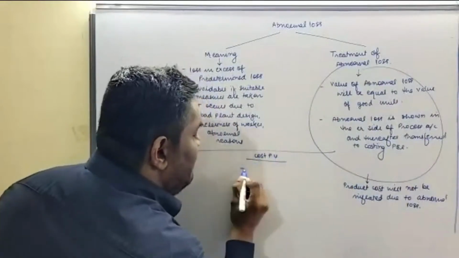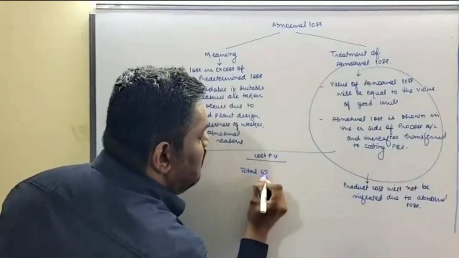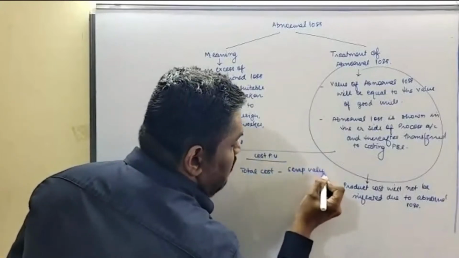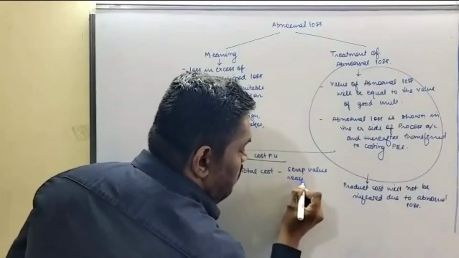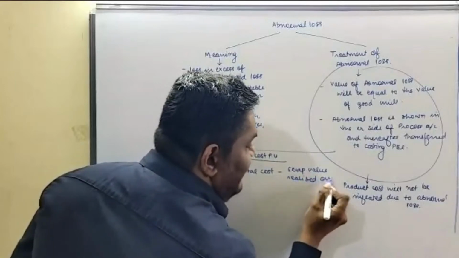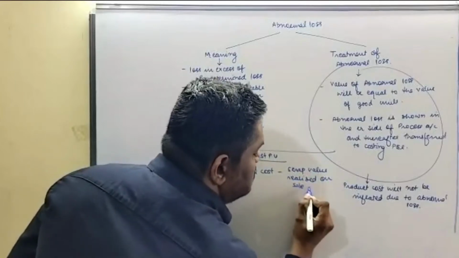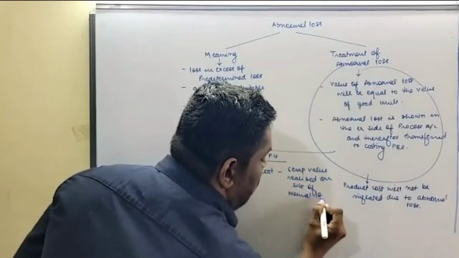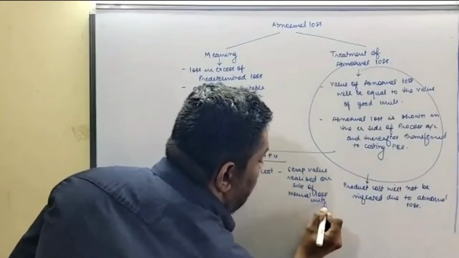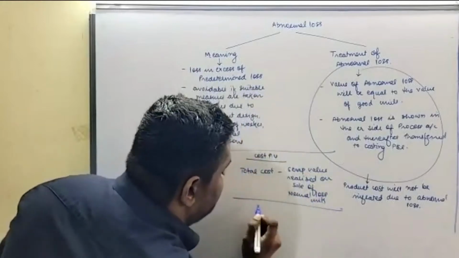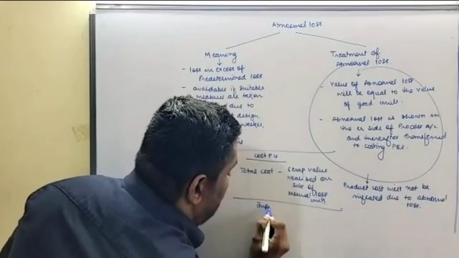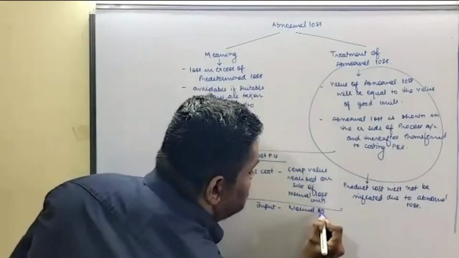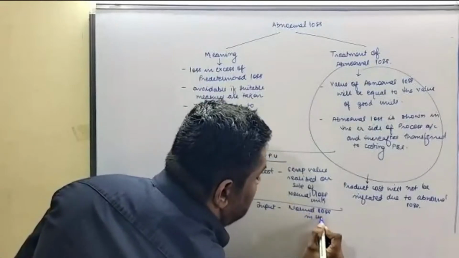That is what? My total cost minus scrap value realized on sale of normal loss units, whole divided by inputs minus normal loss in units.